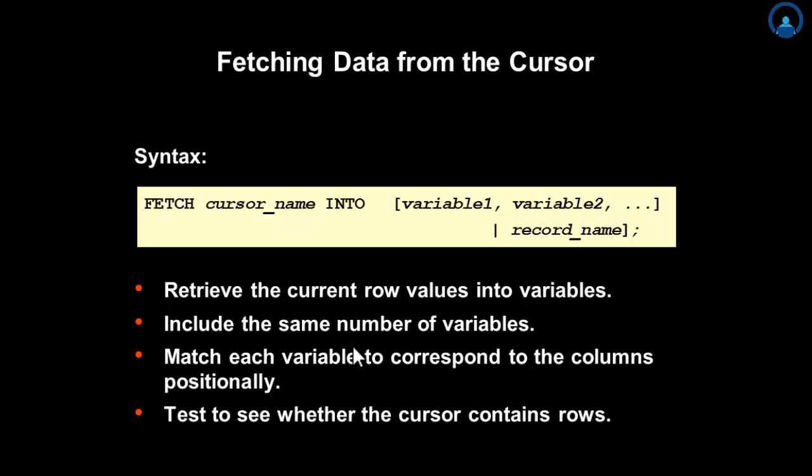Test to see whether the cursor contains rows. If a fetch acquires no values, there are no rows left to process in the active set and no error is recorded. Note, the FETCH statement performs the following operations. Number 1, reads the data from the current row into the output PL/SQL variables. Number 2, advances the pointer to the next row in the identified set.